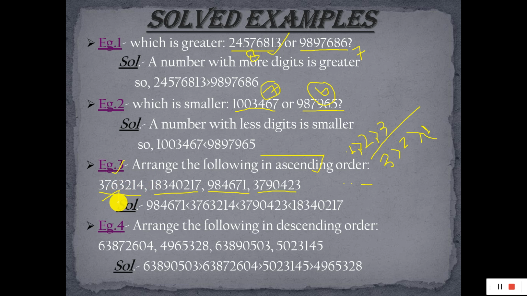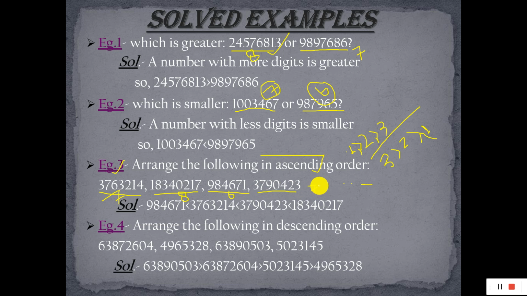This number has 7 digits. The second number, 1, 2, 3, 4, 5, 6, 7, 8, has 8 digits. 1, 2, 3, 4, 5, 6. The third number has 6 digits, and the last number, 1, 2, 3, 4, 5, 6, 7, has 7 digits.